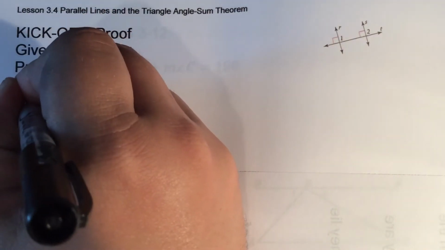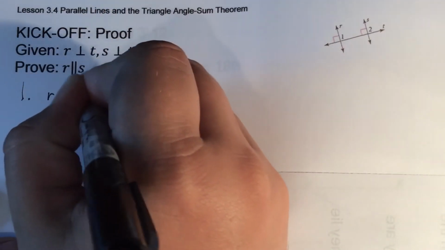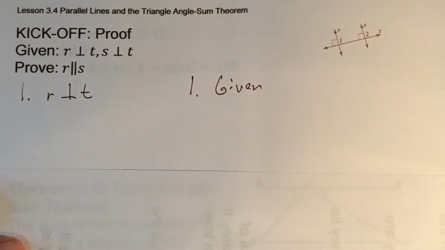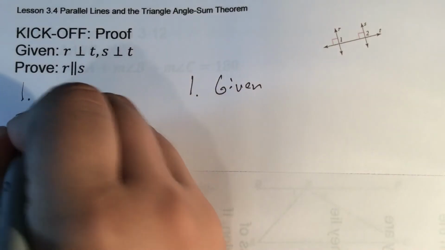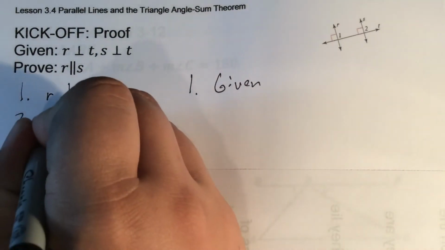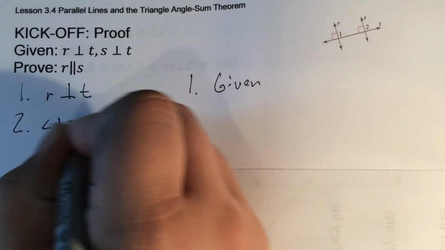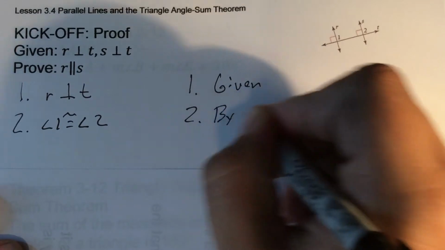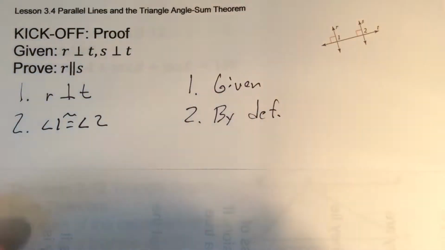So 1, R parallel to T, reason given. Number 2. Well, what does that mean? Well, it means that angle 1 is going to be congruent to angle 2 by definition.